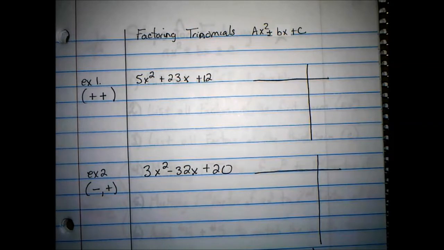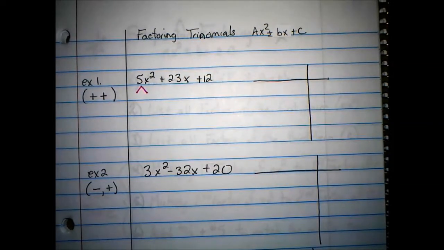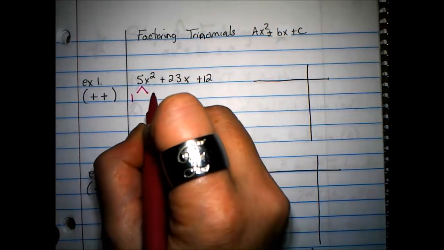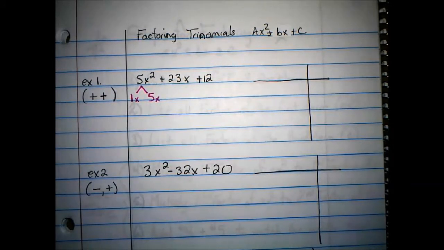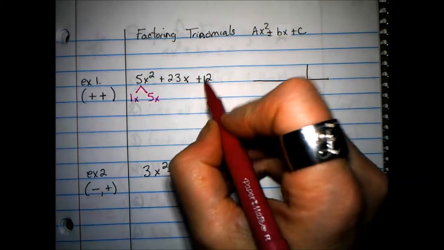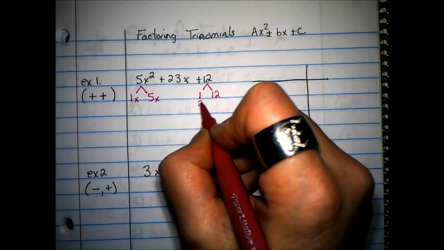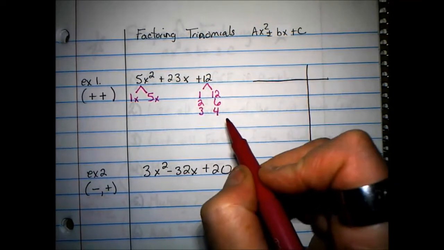So our next step is to find the factors of the first term. What goes into 5 is 1 and 5, and I'm going to put an x with each one because the x splits up equally, and that's the only thing that goes into 5. Then I'm going to go to the third term, and this would be 1 and 12, 2 and 6, 3 and 4.